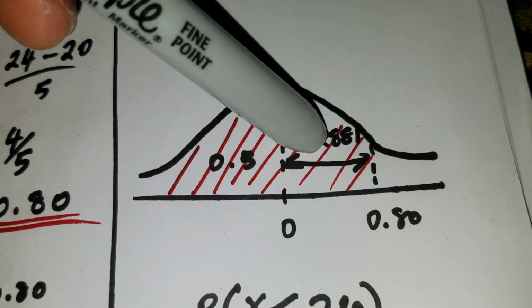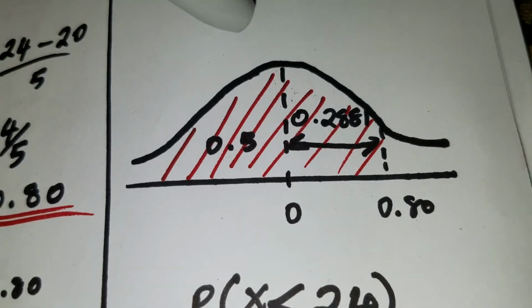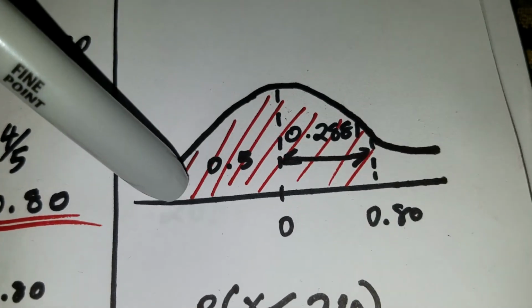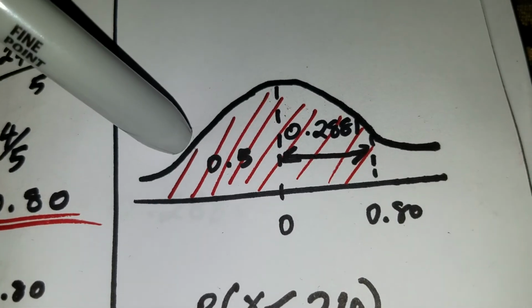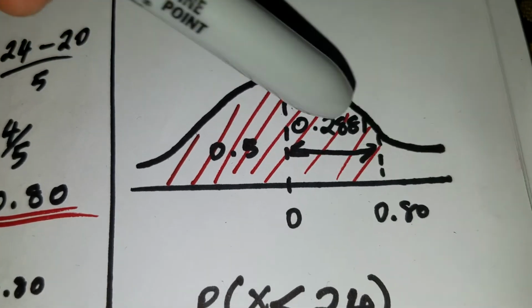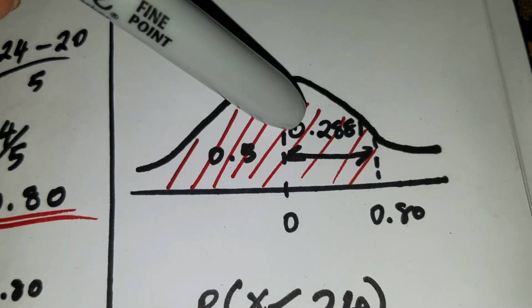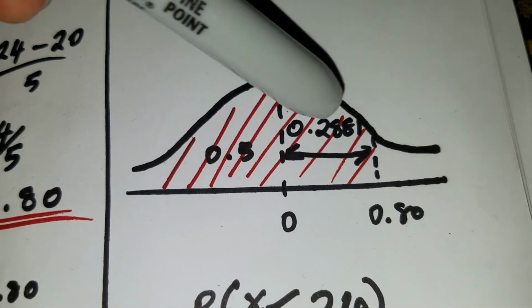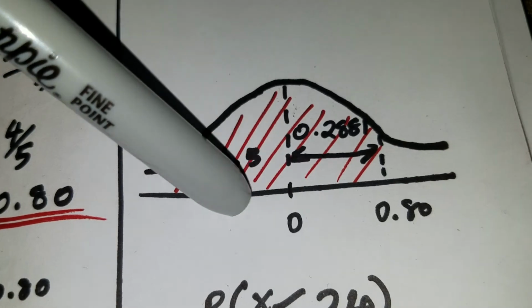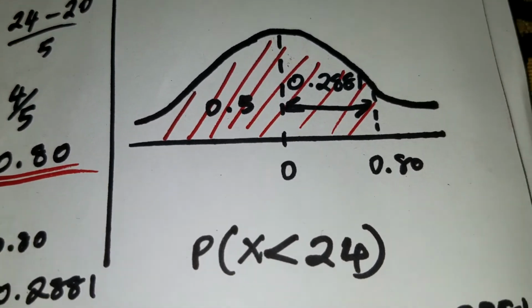We want to find the entire shaded region that is less than 24. Remember that an entire half is 0.5, and the region from 0 to z is where the probability for 0.8 lies, which is 0.2881. So this entire region is the sum of 0.5 and 0.2881.